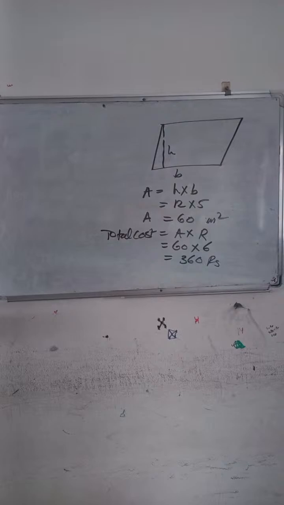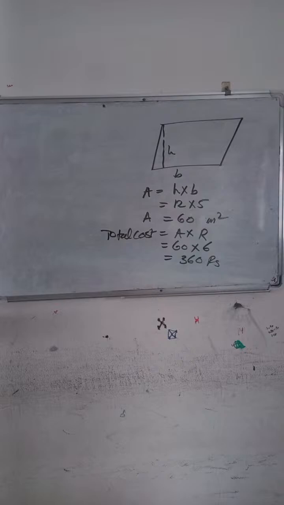Write down next question. The area of a right angle triangle is 75 centimeters square.